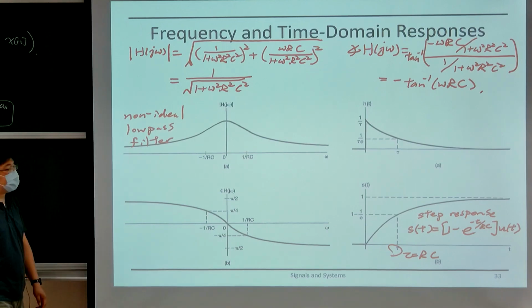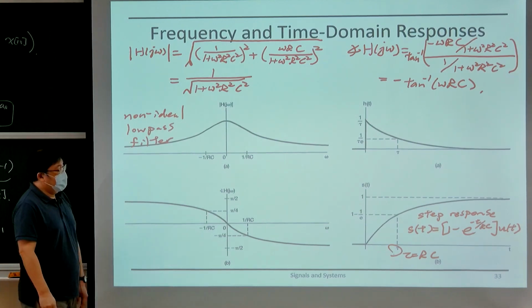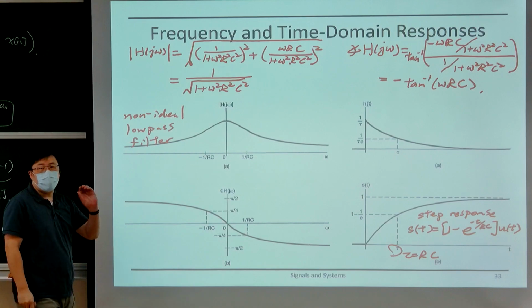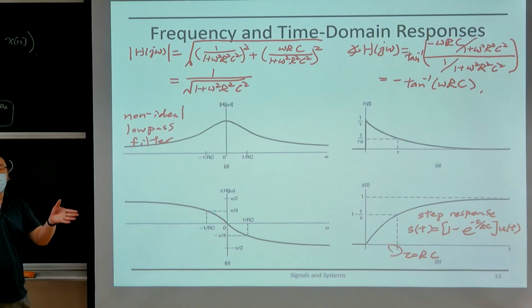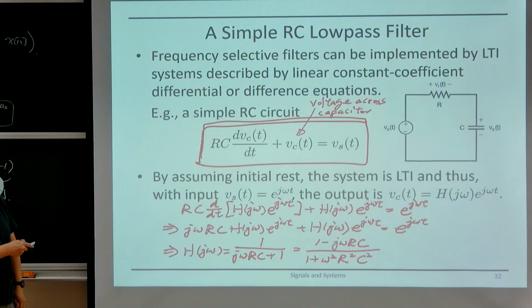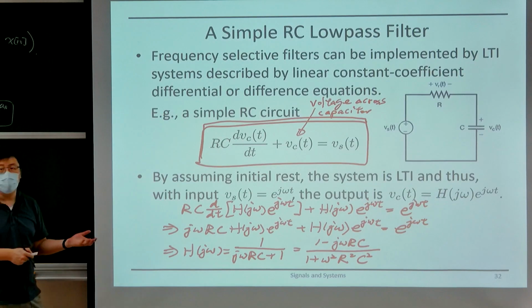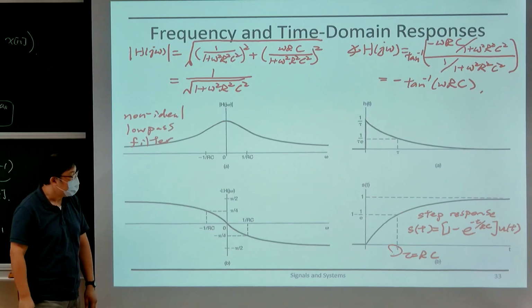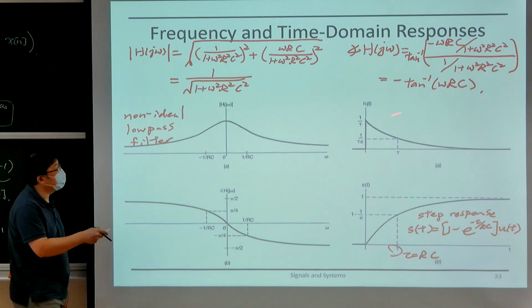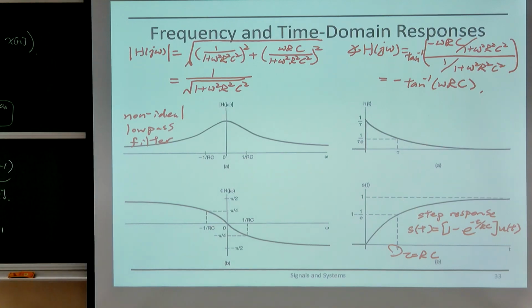You can obtain this step response by plugging in the unit step function as the input and solving the differential equation under the condition of initial rest. And then if you take the derivative of this, you get the impulse response above.